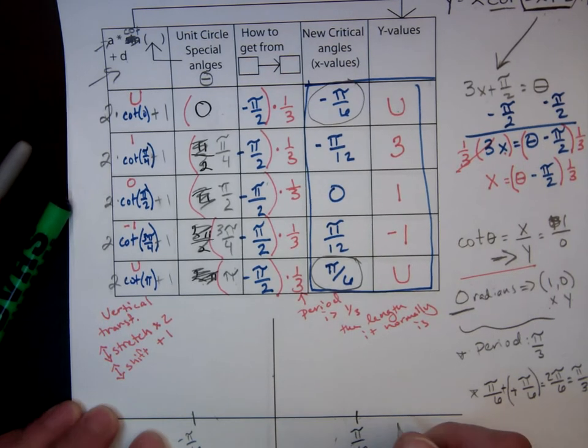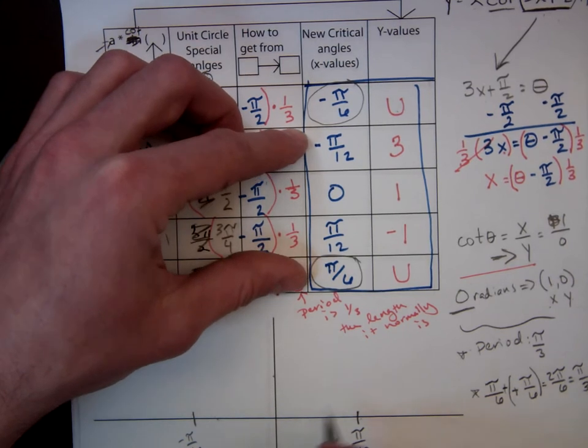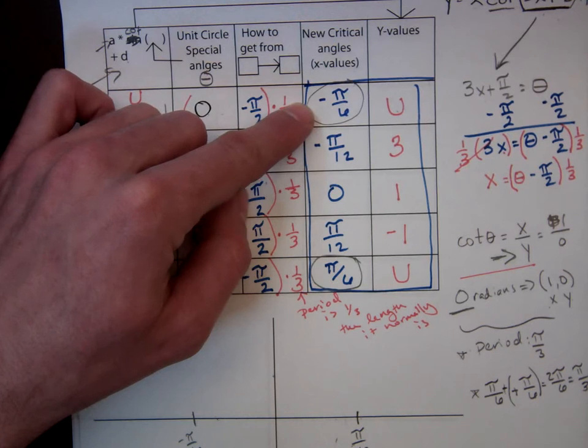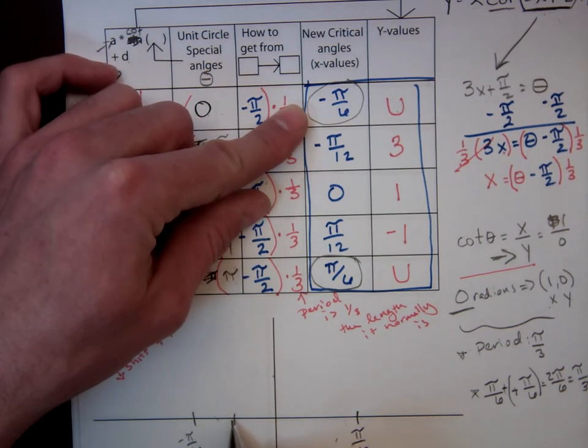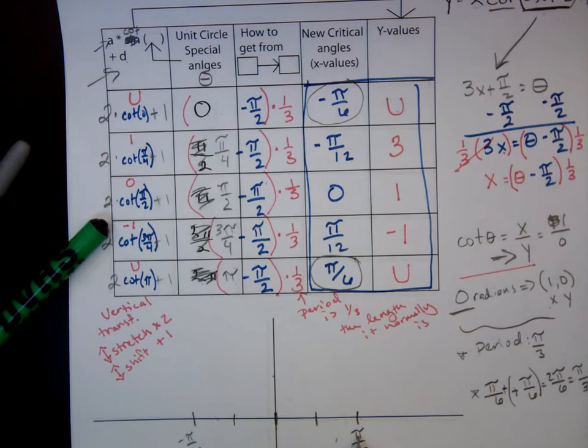Okay, and then I am still going to be cutting this into quarters. You can always just count up and know that negative pi over 12 is half of pi over 6, so it's going to go here. But if we want to cut this into quarters, we're going to put 3 equally spaced dashes, and one of them is going to be at the origin, right in between our 2 endpoints.